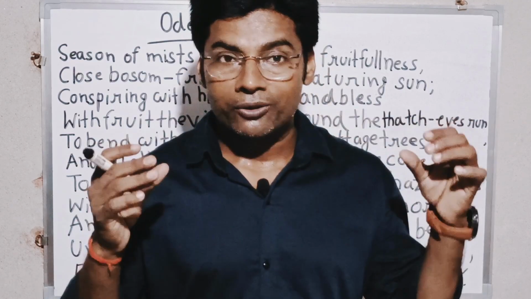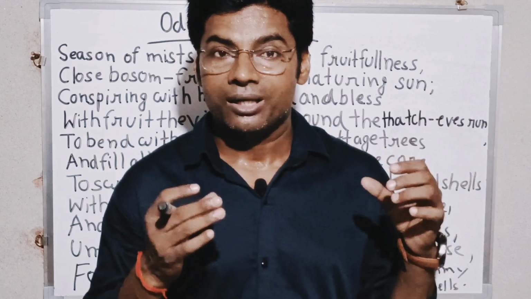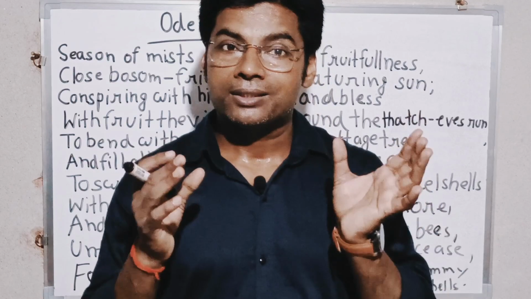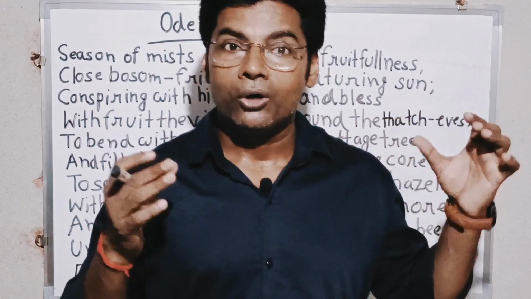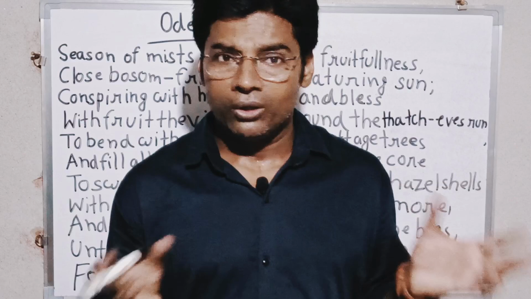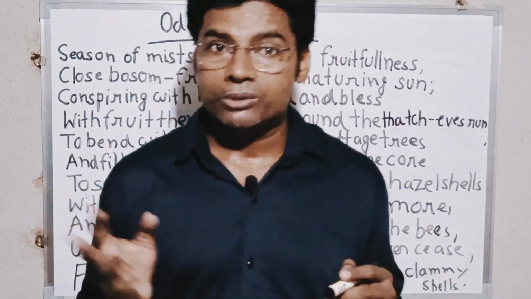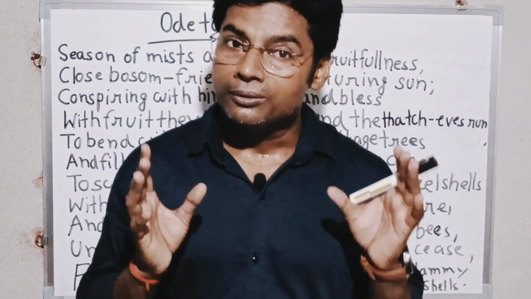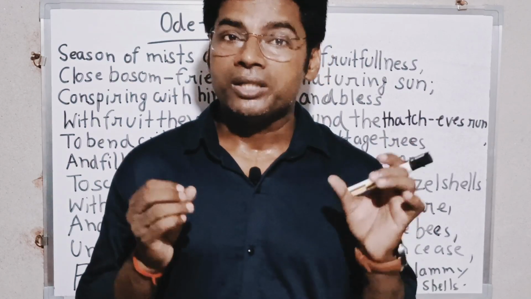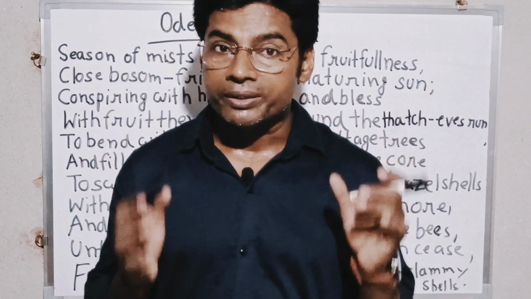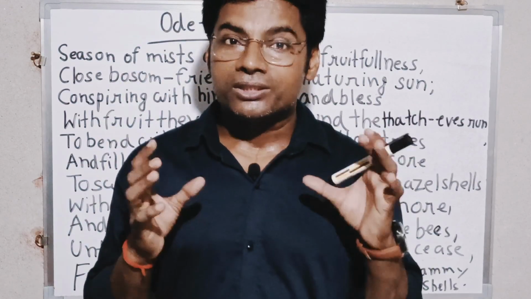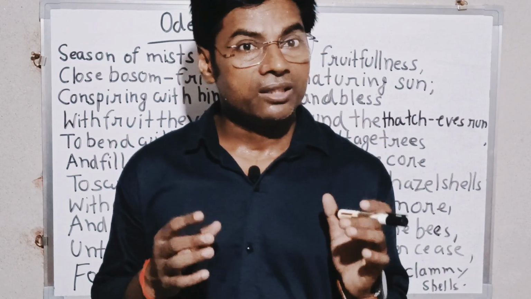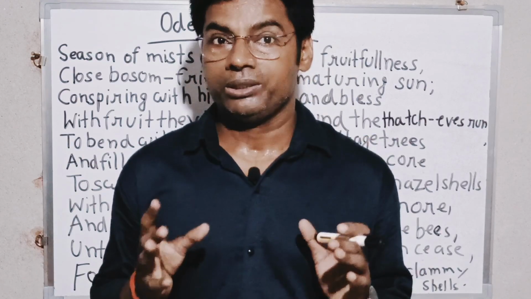What is the pattern of these syllables? First unstressed, followed by stressed, and so on. So, like all other odes, this ode by John Keats is also written in iambic pentameter. Each and every line of this ode consists of 10 syllables. Remember, my dear learners, 10 syllables.